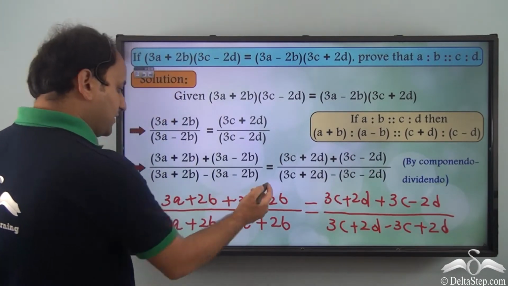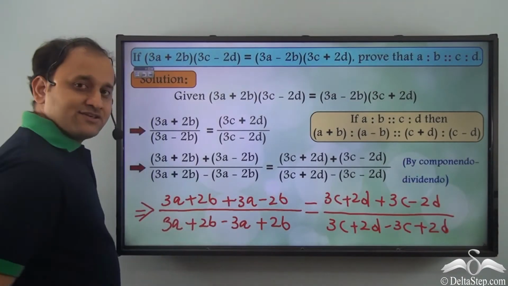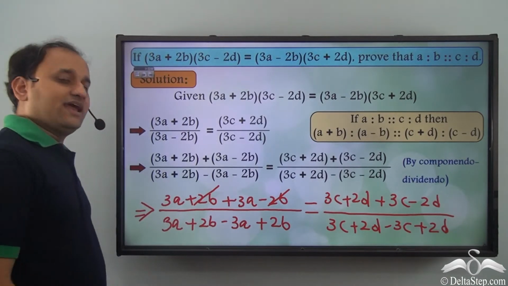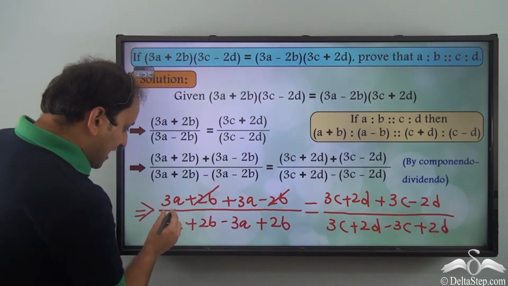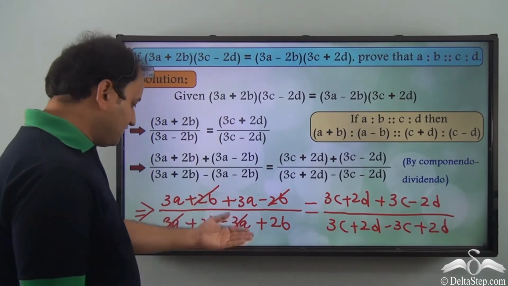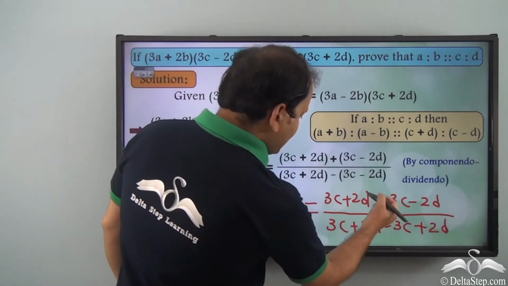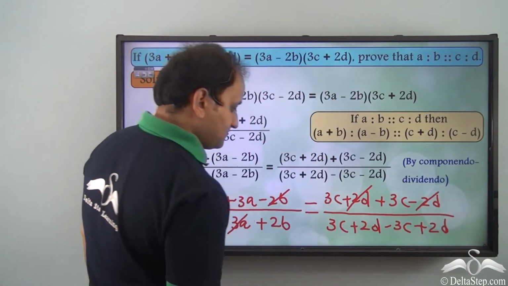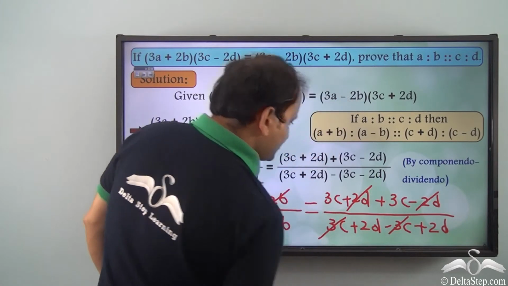Now let's start from here. So here we have plus 2b and minus 2b. So they get cancelled. Now in the denominator we have plus 3a and minus 3a. So even they get cancelled out. And on this side we have plus 2d and minus 2d. Similarly we have plus 3c and minus 3c.